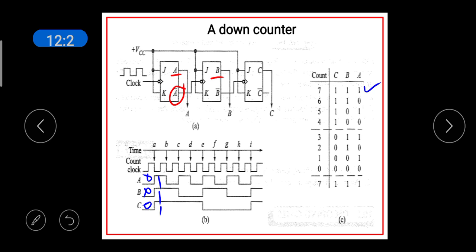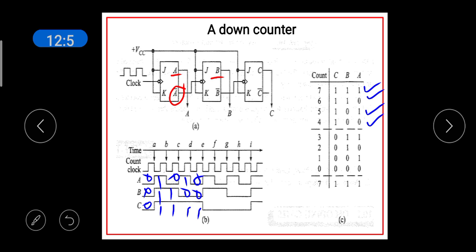After the second clock pulse, the outputs are 1, 1, 0. That is shown by this state. After the third clock pulse, it is 1, 0, 1, which is shown by this state. After the fourth clock pulse, it is 1, 0, 0. It is shown by this state.